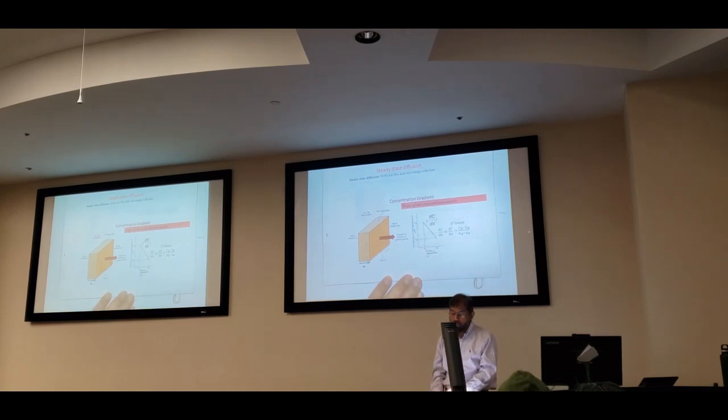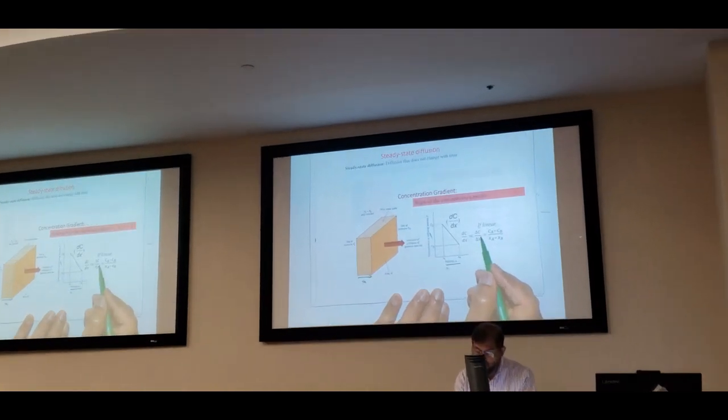Once the steady state is reached, if linear, then we can say dC by dx. What is dC? The change in concentration over change of distance. That is the thickness.